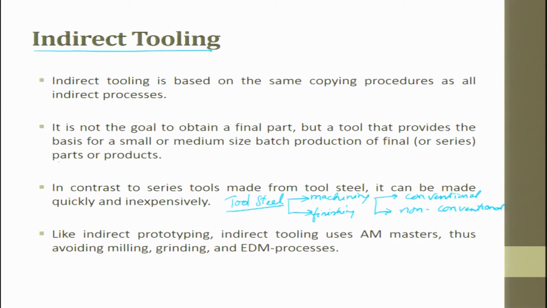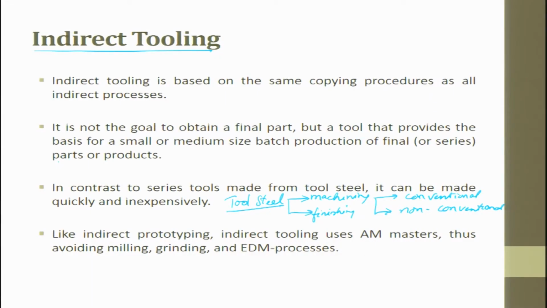When you compare, these indirect tooling processes are very fast. That is why today we talk about metal based prototyping techniques. There are several techniques which have come. People have started using metal filament wire for making parts, and aluminum alloy and titanium alloy powders, with which they directly make a die.